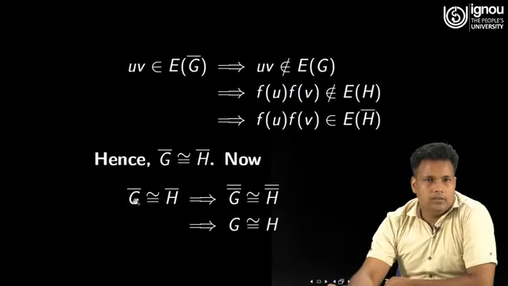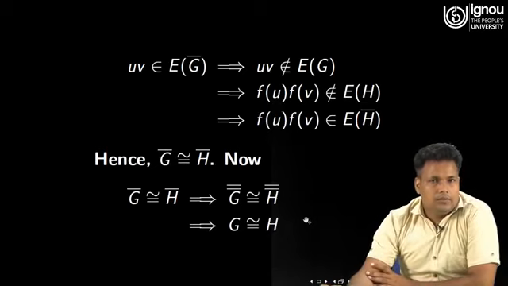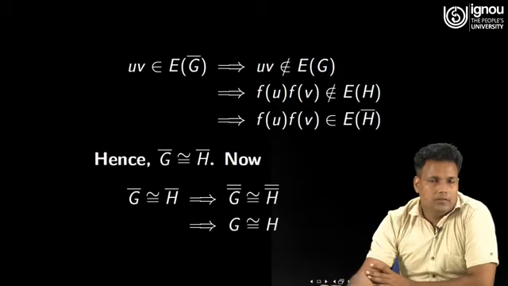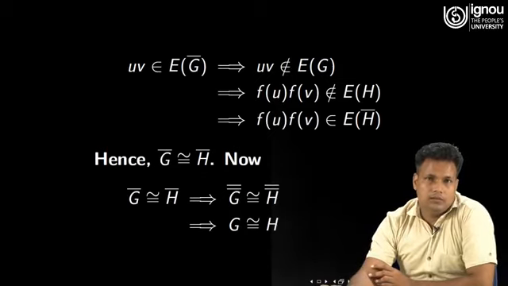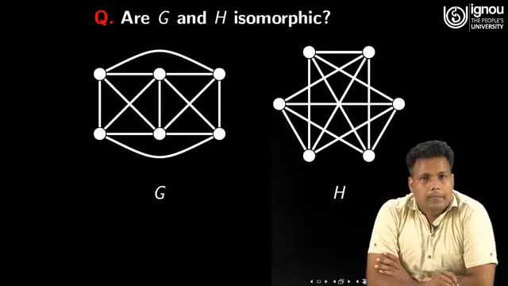We assume that G bar is isomorphic to H bar and will conclude that G is isomorphic to H. So G bar isomorphic to H bar means the above argument implies that the complement of G bar is isomorphic to the complement of H bar, which is nothing but G isomorphic to H. So thus we have proved that two simple graphs are isomorphic if and only if their complements are isomorphic. Now let's look at some questions.